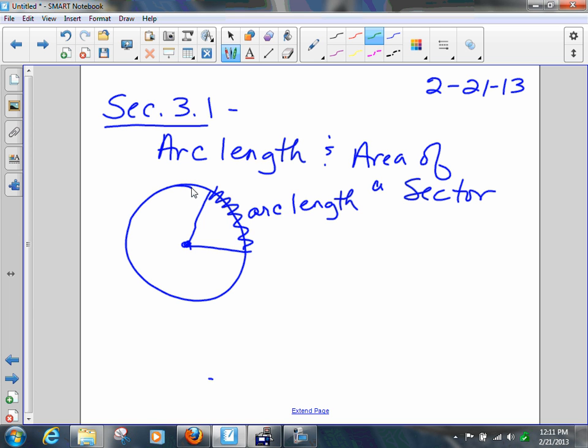That's arc length. When we talk about the actual slice, that's when we're talking about the sector of the circle. And we're able to find the area of that actual slice of pie.